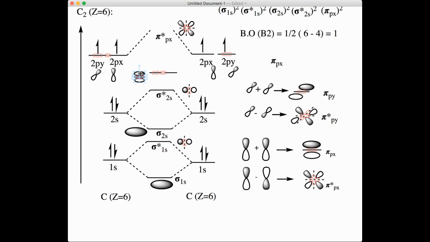Okay, so in phase combination of the PX, so the pi PX, and an in phase combination of the PY, the pi PY, okay? So pi PX here, and then pi PY here.